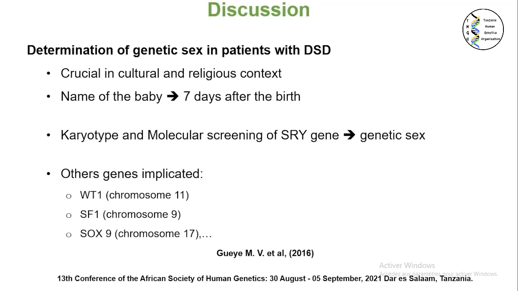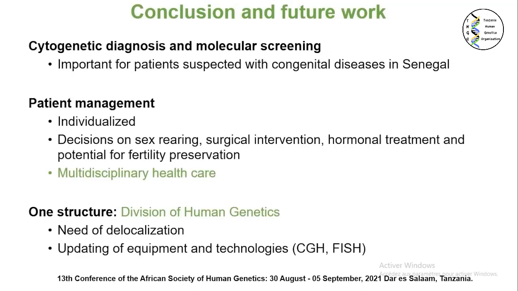So, in conclusion, our work highlights the fact that cytogenetic diagnosis and molecular screening are vital for patients with suspected congenital disease in Senegal. The management of these patients needs to be individualized, particularly for decisions related to sex rearing, surgical intervention, hormonal treatment, and potential for fertility preservation.